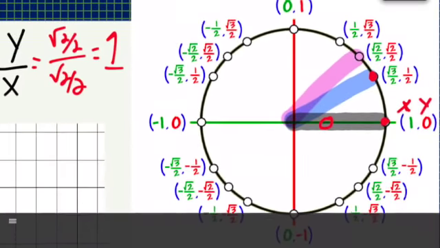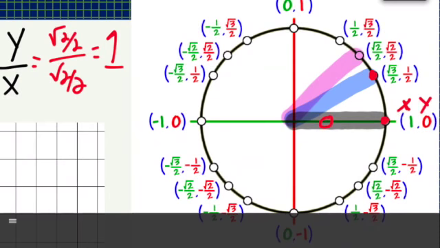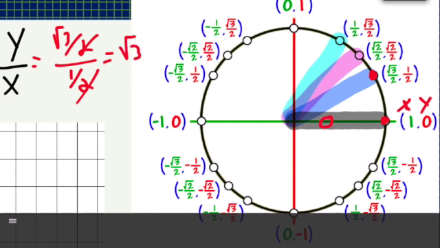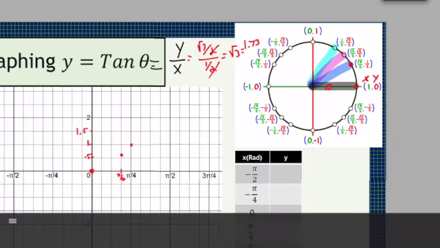Let's go to our next angle, which is going to be pi over 3. At pi over 3, we've got radical 3 over 2 divided by 1/2. We know the 2's are going to cancel, so I just end up with radical 3. If I plug that into my calculator, I'm going to get 1.73, just rounding.